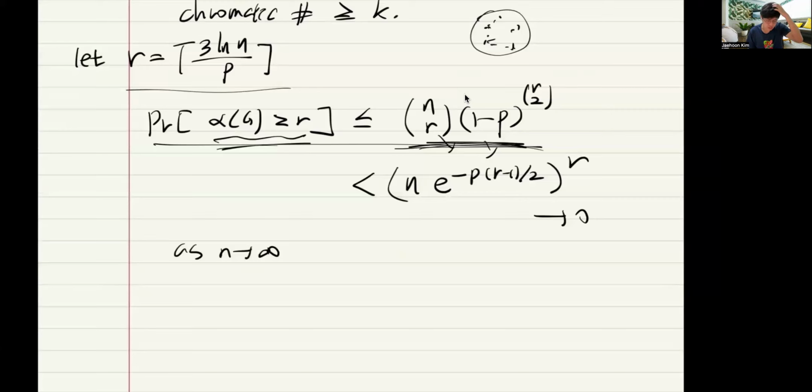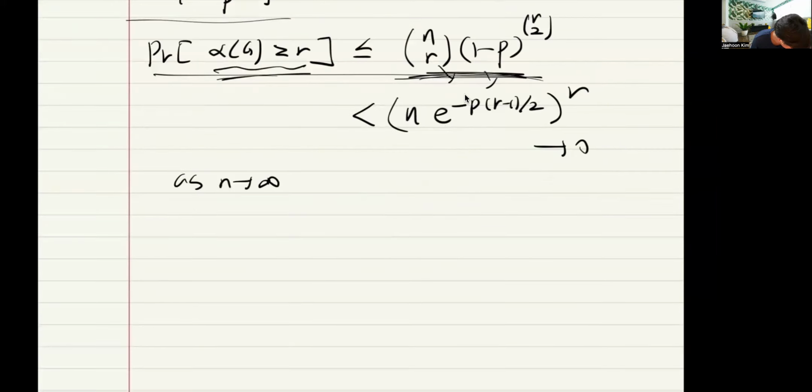Okay, then what? That's why we took the 3, which is bigger than half. So you just plug it in here, then this is smaller than n to the negative 3 over 2. Then this is a number going to 0. So you can check that this goes to 0.